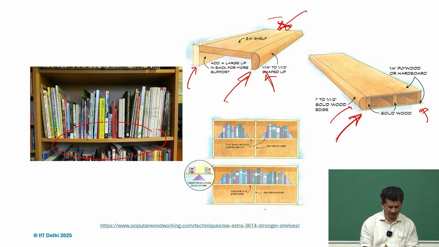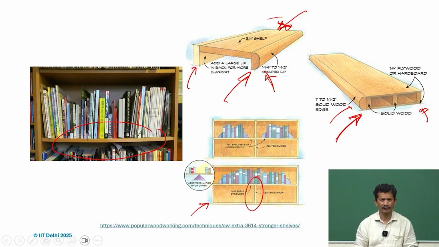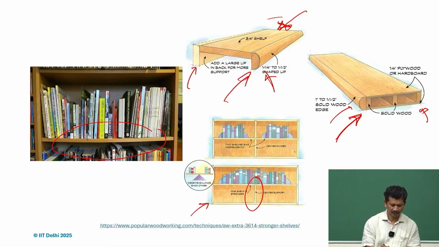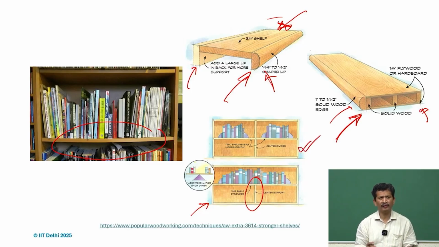At the same time, even putting supports at the center can eliminate any sagging, or even doing partitioning. There are various methods, and this is what we are going to learn in this course: how to stiffen the structure if there is a need to make it stiff or robust.